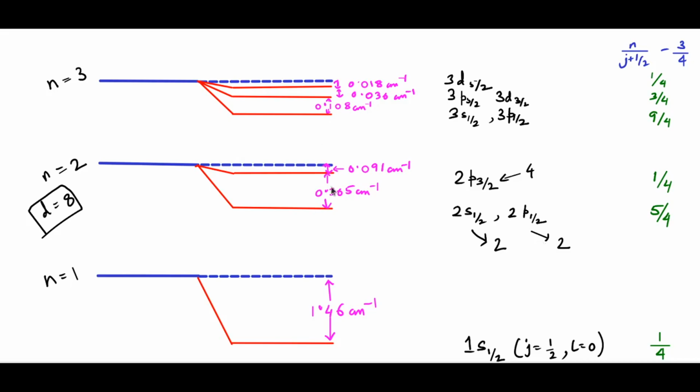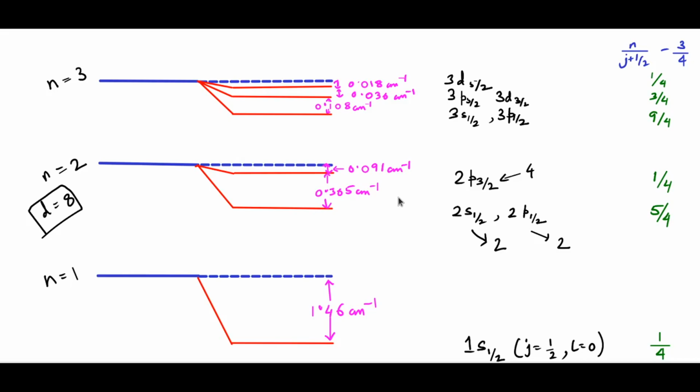As you can see, this shift is going to be 5 times bigger than this shift. That means the gap here is going to be 4 times bigger than this gap. That is exactly what is written here. This one is 0.365 per centimeter, as opposed to this one, which is only 0.091 per centimeter. So the factor of 4 is clearly seen.